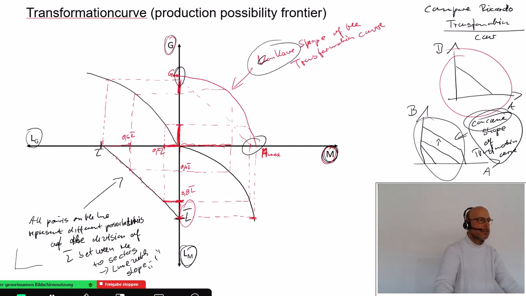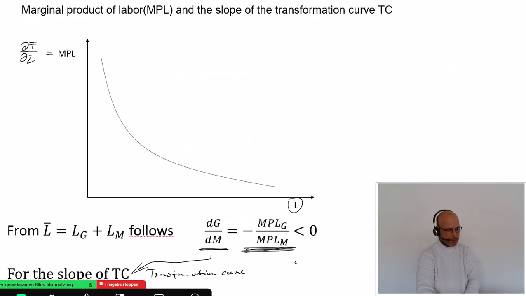And just have a look here. Well, this just means when I'm going down here, this is delta G and this is delta M, and the relation of these two amounts is just the slope of our curve. So how can we derive this?